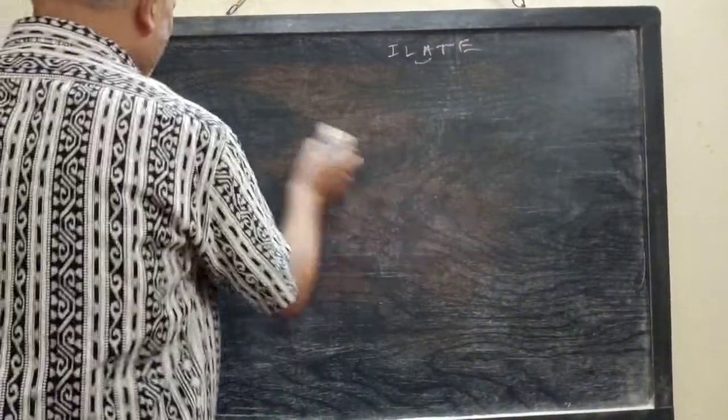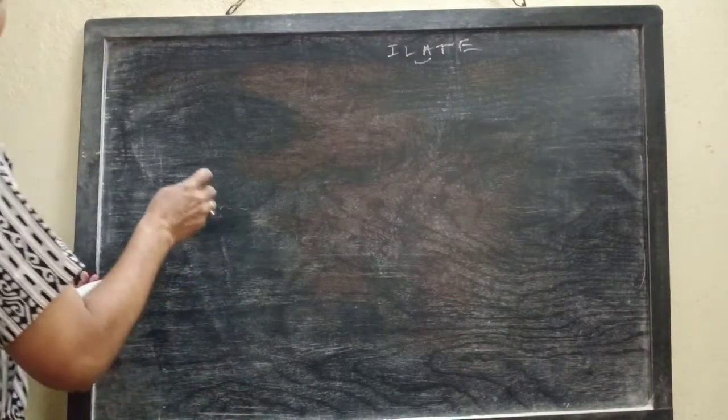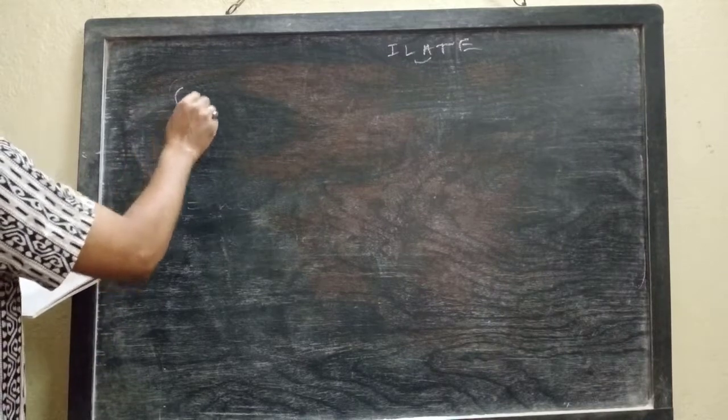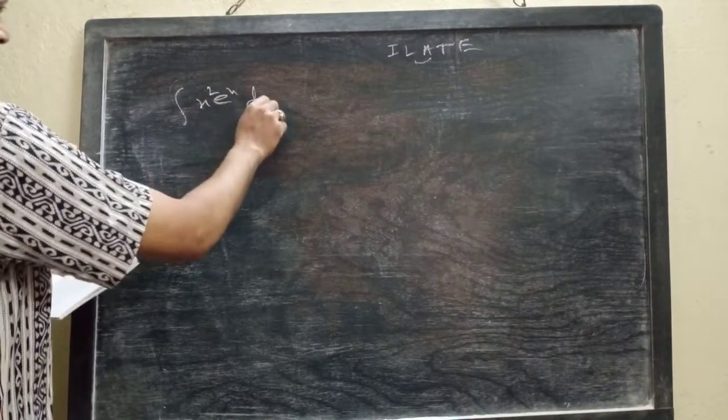Let me go to the next problem before taking the first break. X square e to the power x. Here also x square will be taken as the first function.